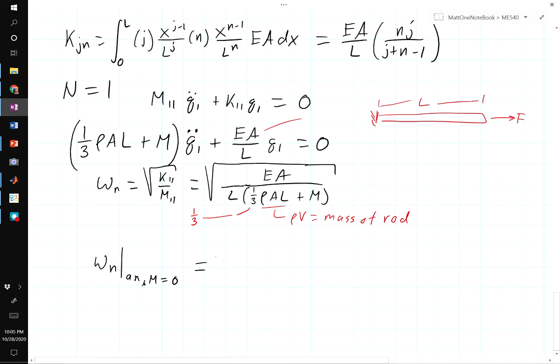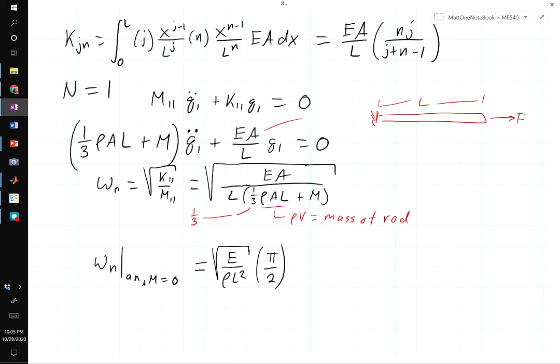In that case, if we look this up, we would get the square root of E over rho L squared, times pi over 2. And you could read in chapter 7 if you want to see how those are derived.